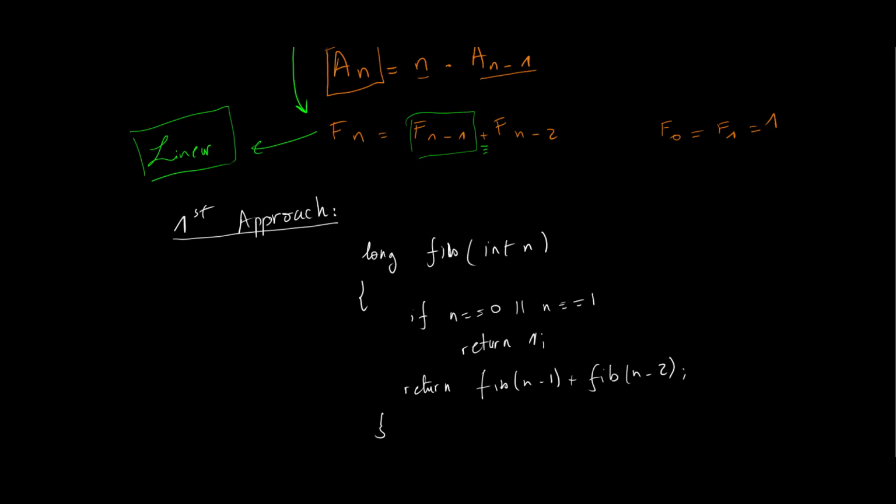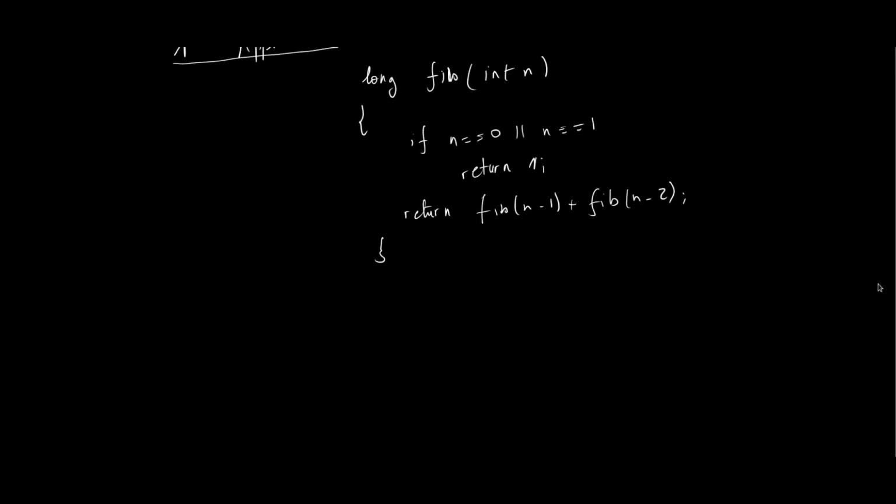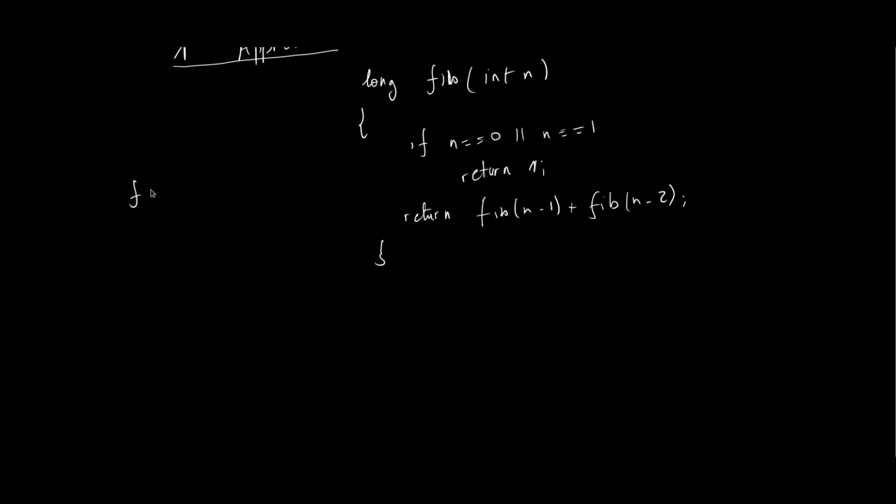To illustrate this, let's see what function calls will happen if we call fib of 4, for example. If we call fib of 4, this check will not pass, so it will return fib of 3 plus fib of 2. So it will need to calculate fib of 3, and it will also need to calculate fib of 2.